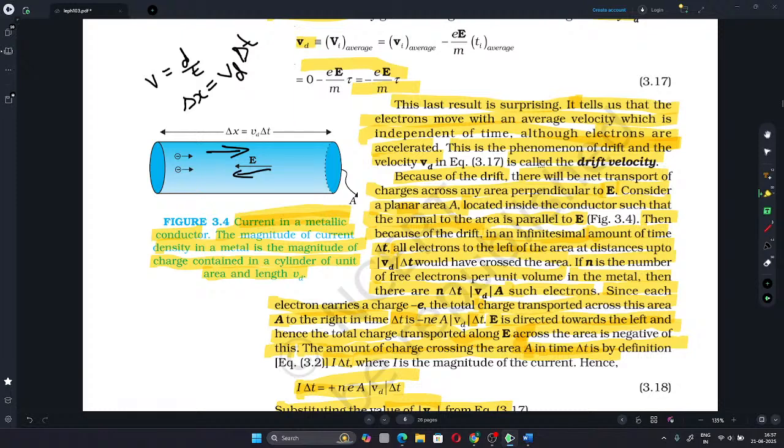Since each electron carries a charge minus e, the total charge transported across this area to the right in time delta t is minus n e A vd delta t.